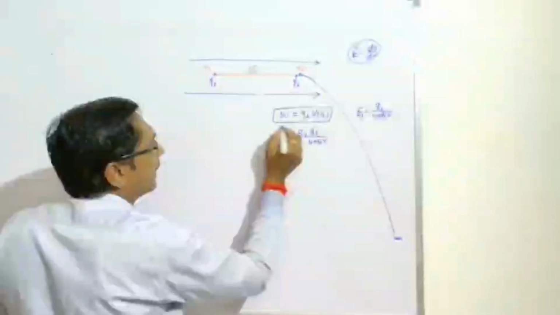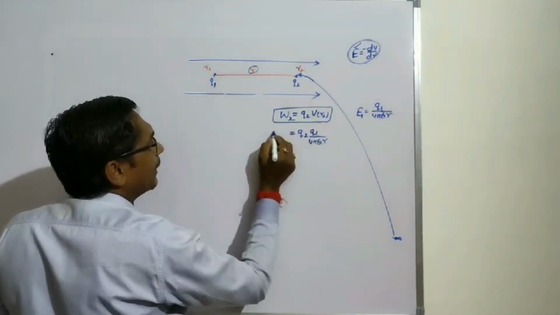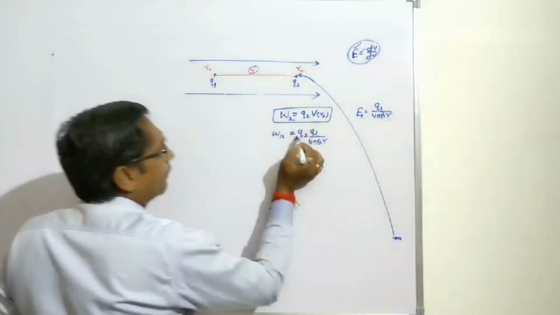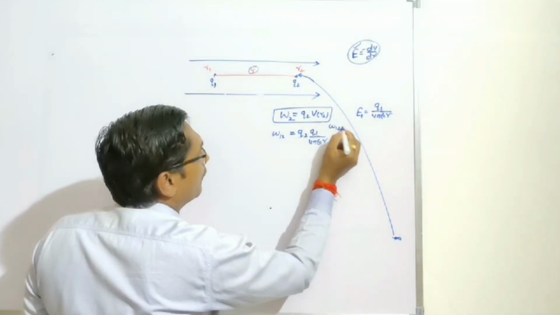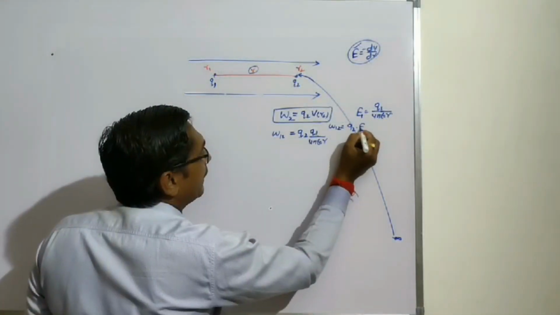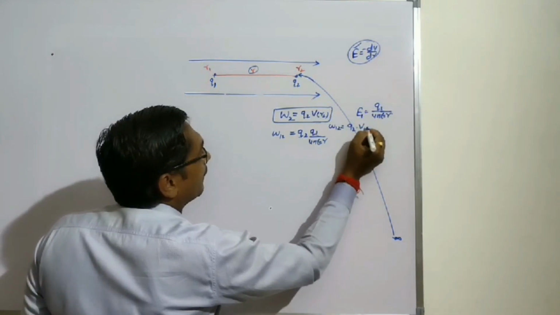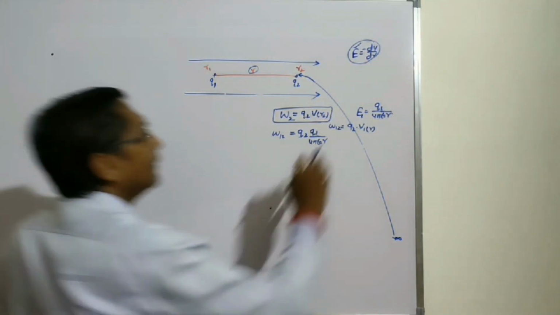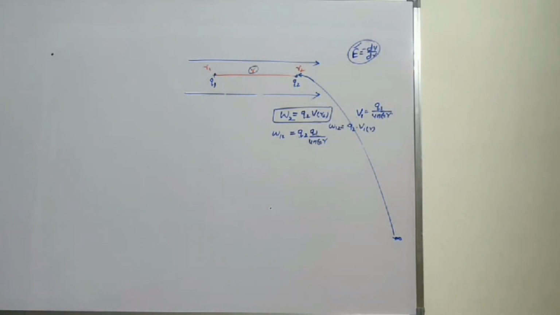Suppose this is the W2 work done and this is the W12 work done. So to bring the charge Q2 in the presence of the external electric field E1, W12 is equal to Q2 V1, which is a function of R. Clear?